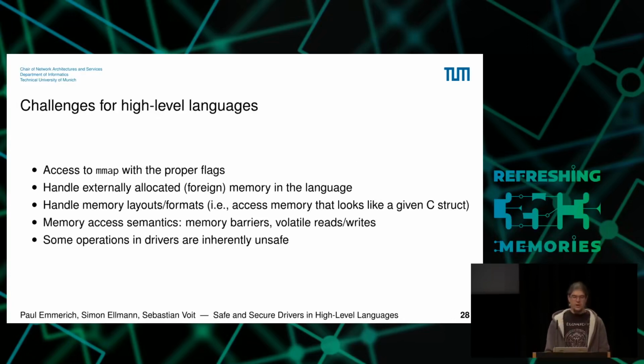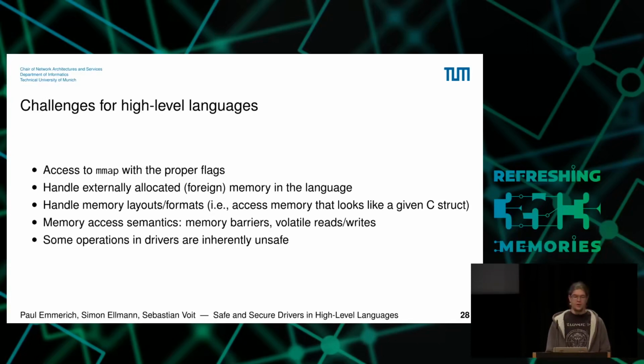So, what are the challenges for high-level languages? We have seen some, for example, the mmap call. We somehow have to get access to this with the proper flags. Another thing, we have to handle externally allocated memory and the layout this memory comes in. Also, we've seen we need volatile to prevent compiler optimization, so we have to have some kind of semantics so we can enforce this in other languages.